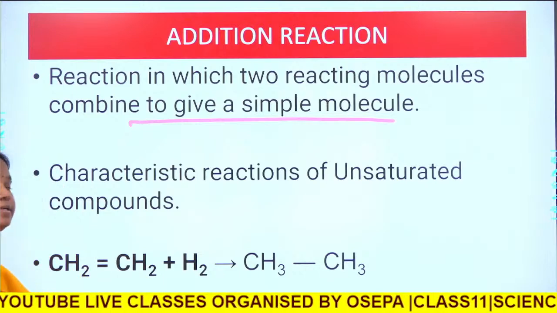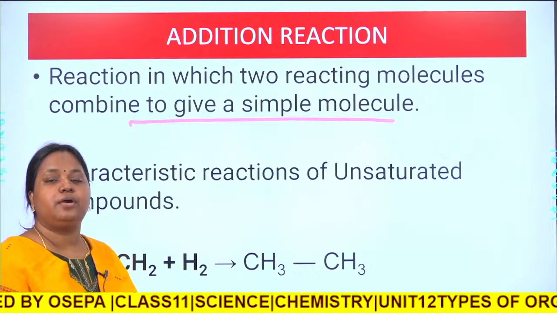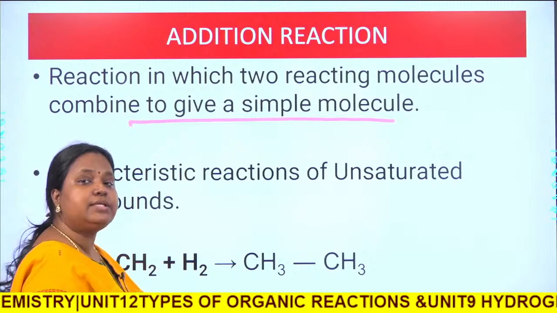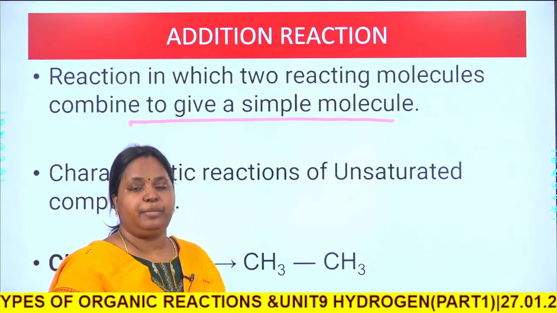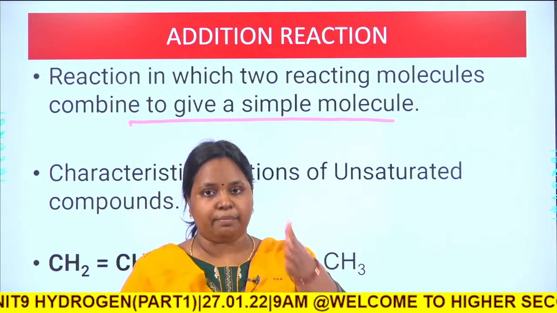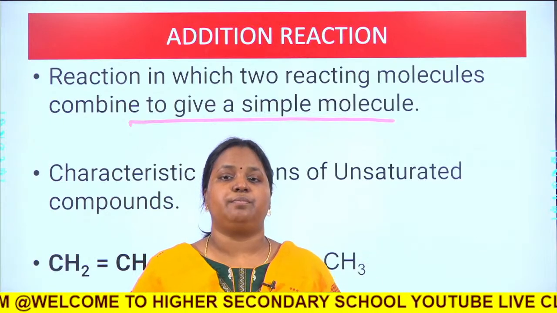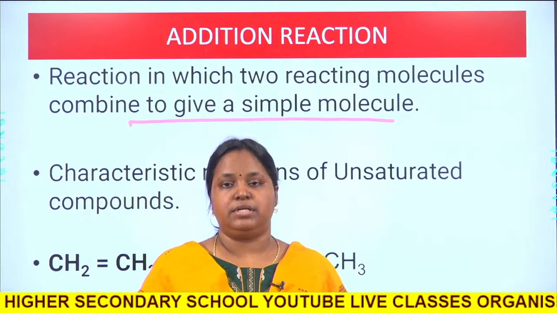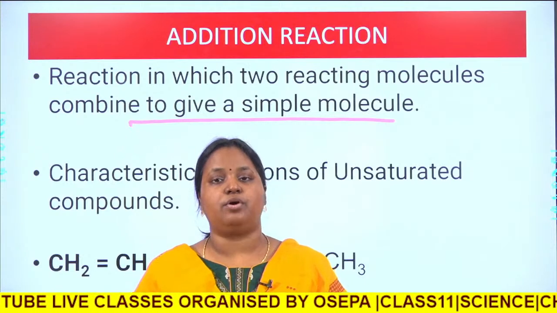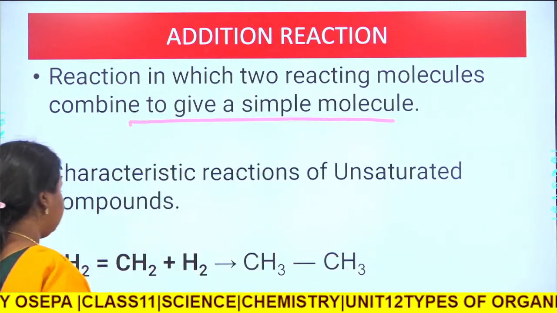Unsaturated compounds, that is compounds having a double bond or triple bond, show addition type of reaction. Why? Because in addition reactions the pi bonds get converted into sigma bonds, and as we know the sigma bonds are more stable than the pi bonds. So wherever there is a double bond or triple bond, the pi bond breaks and is converted into sigma bonds.